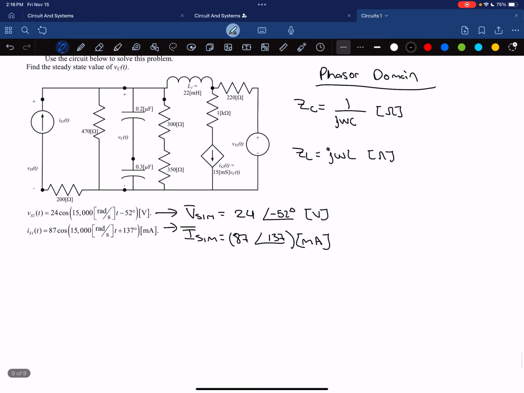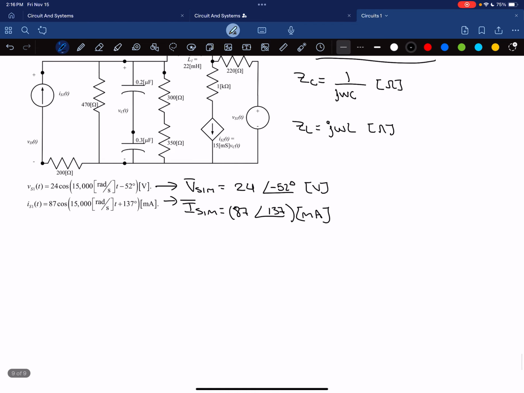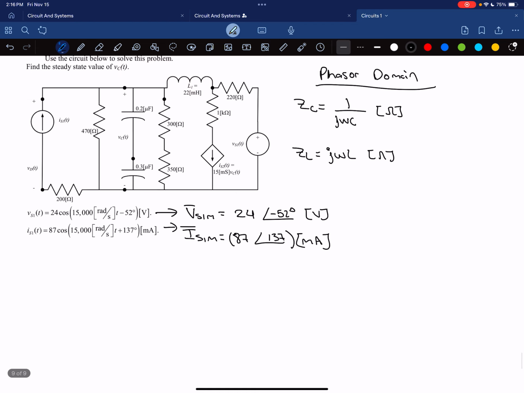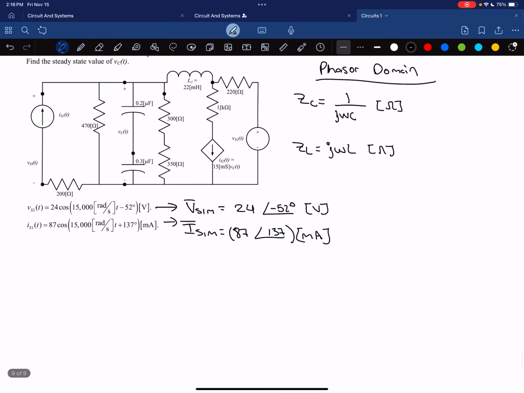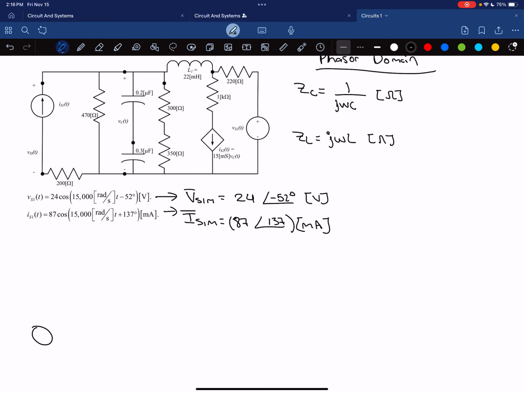Perfect. So we can start drawing our circuit. What we're going to do is redraw everything. And you probably have to do this when you're taking an exam, so it's easier for you.